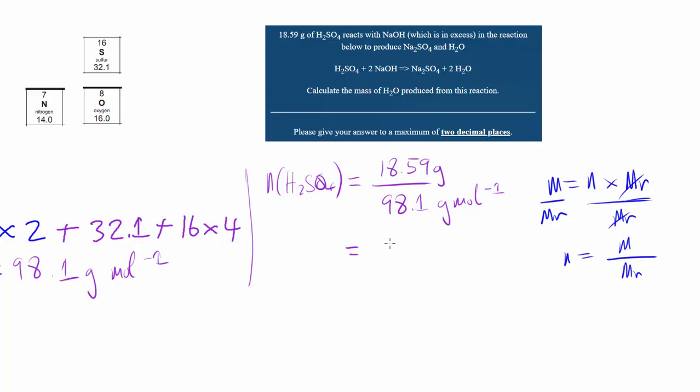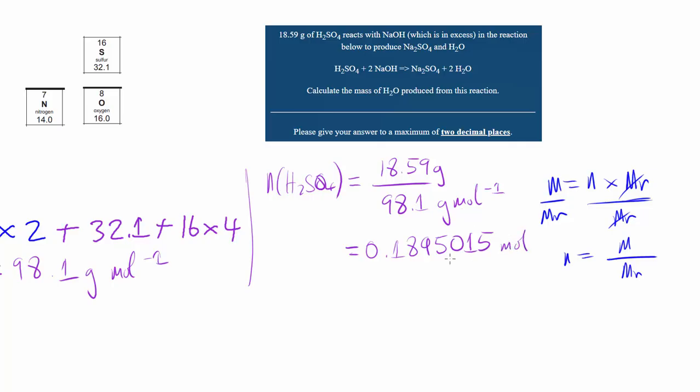You should find you get 0.189515, and that's in moles. You can even work out the units: grams divided by grams cancels out, then 1 divided by moles to the -1 resolves to just moles.